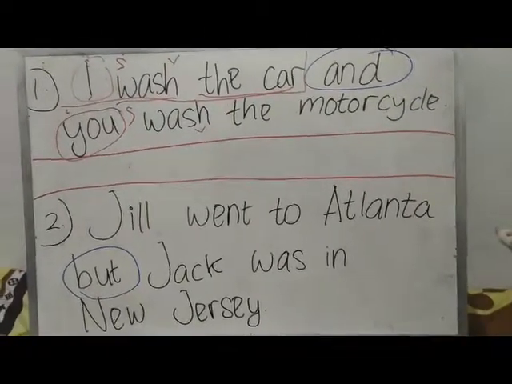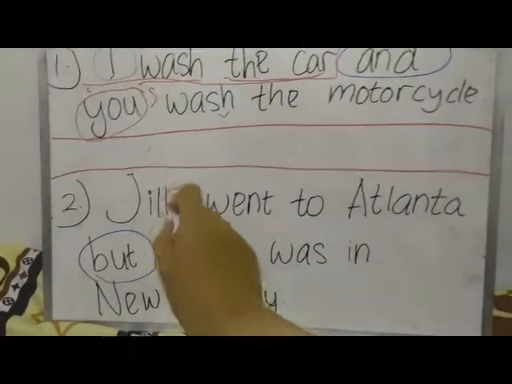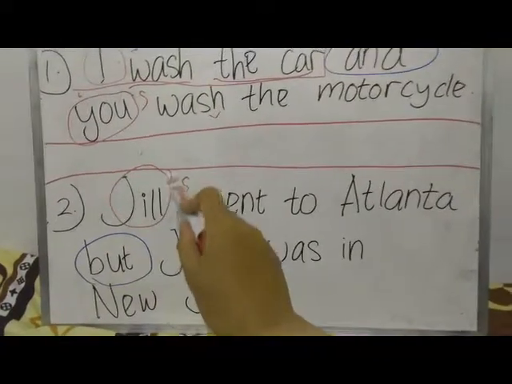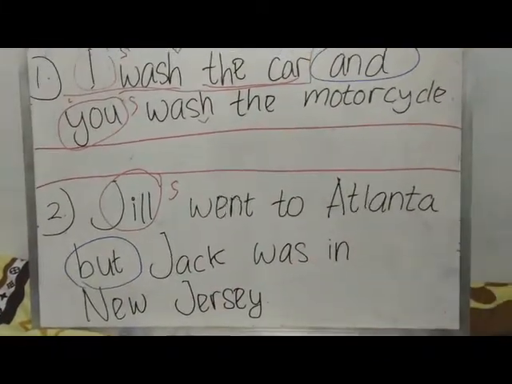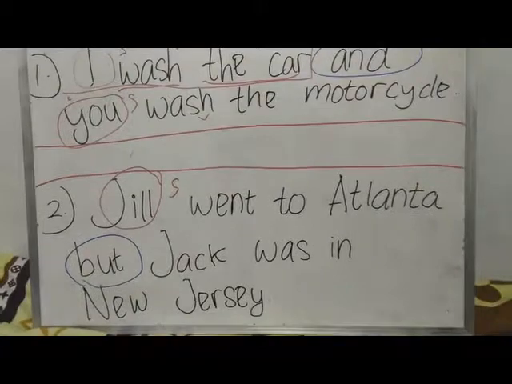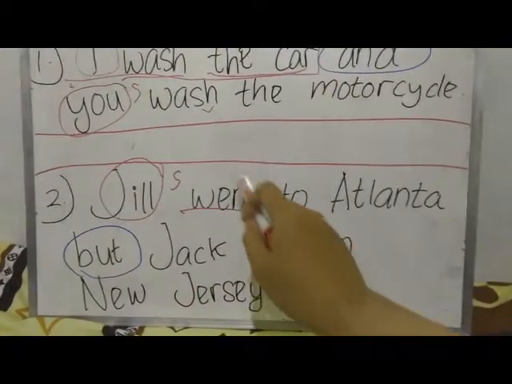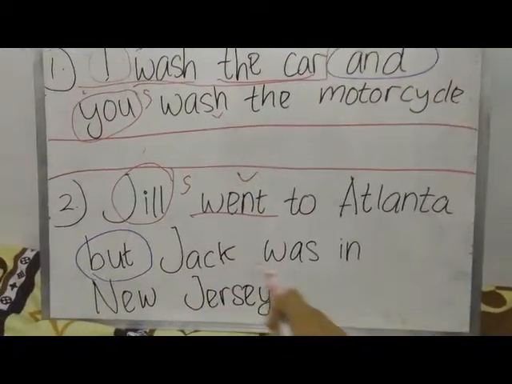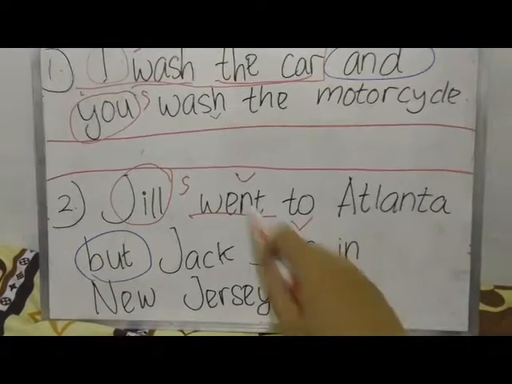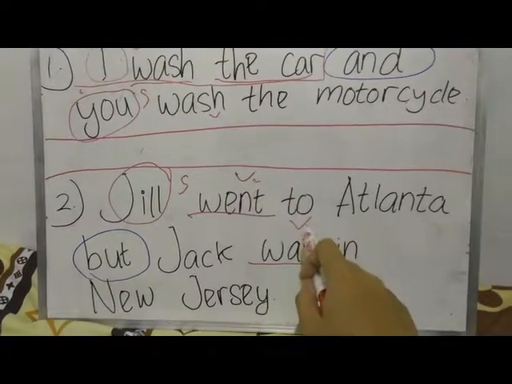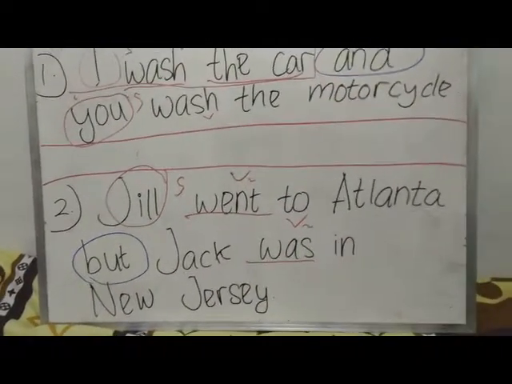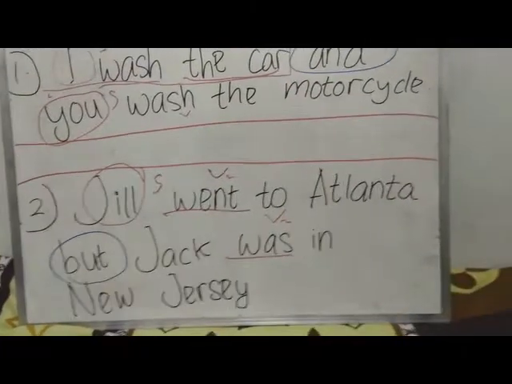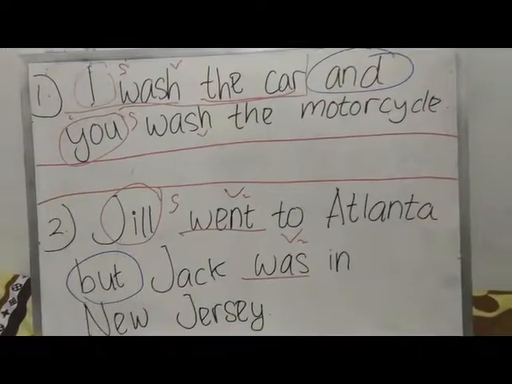And the second example is Jill as the subject. Jill went to Atlanta, but Jack was in New Jersey. Went is a verb, and was is also a verb, telling that it is in the past time.